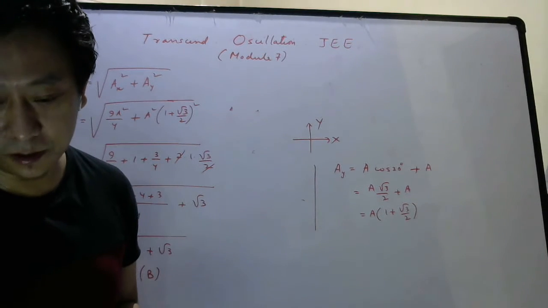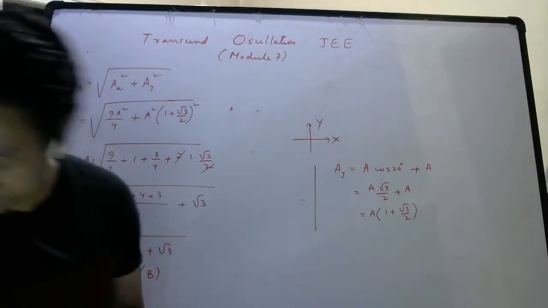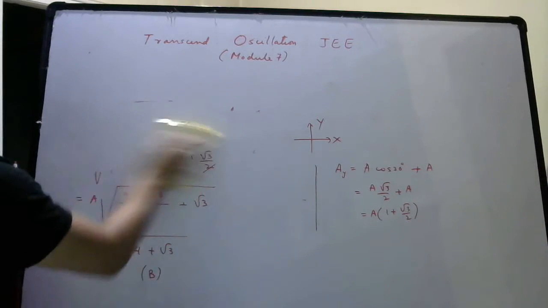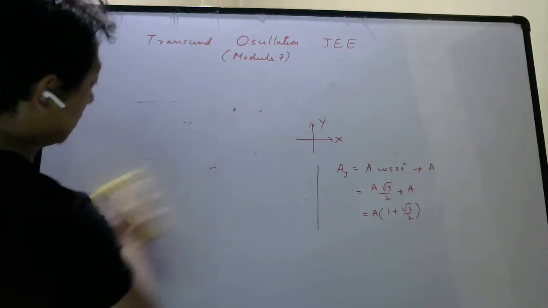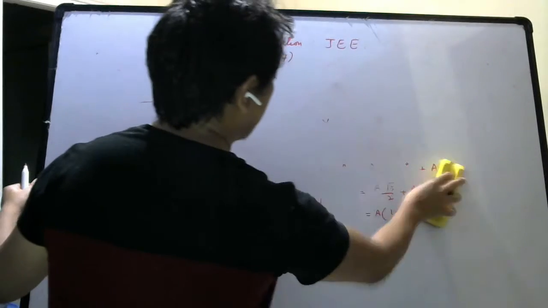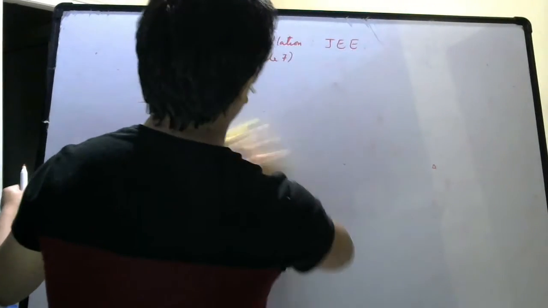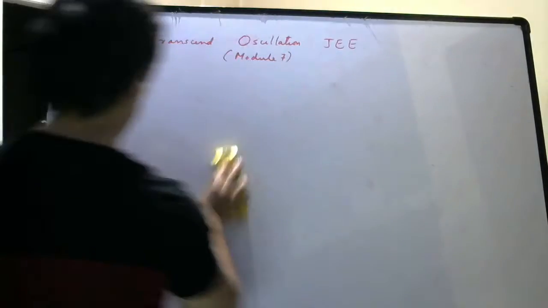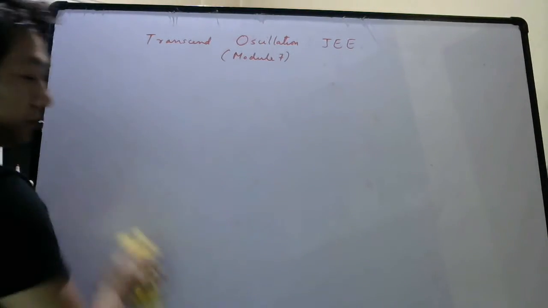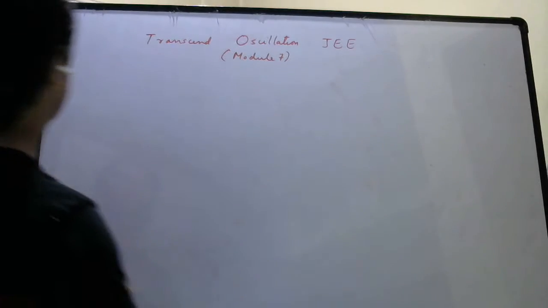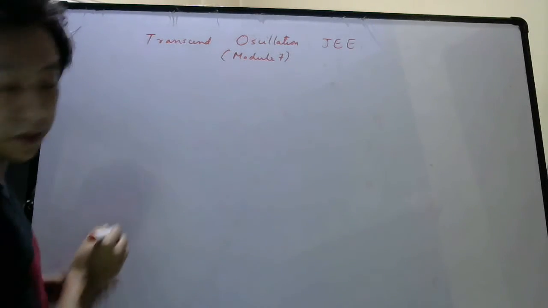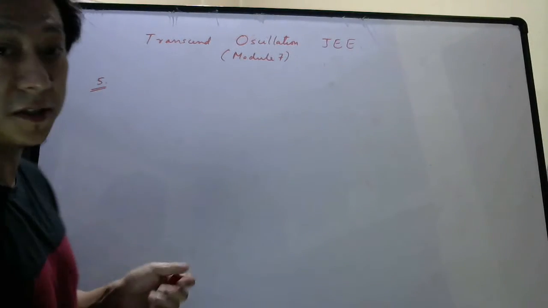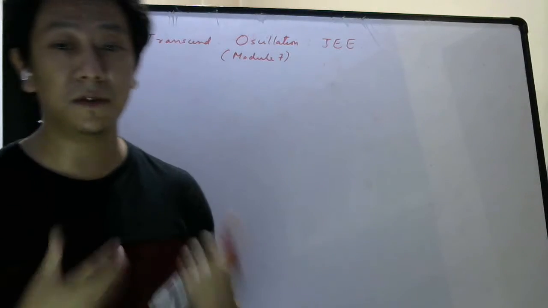Let's see the next question now, question number 5. So question number 5 has to do with, again, friction concept, which should be remembered. So when a body is on top of another body and there is no slipping, then you know that if one body tends to move on top of the other body, and if there is still no relative movement, then the friction which acts is static friction, and static friction is self-adjusting.